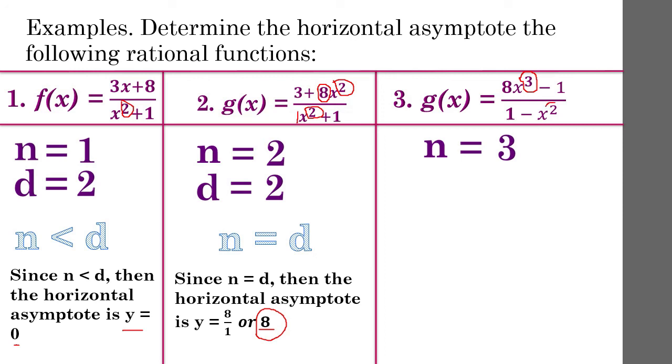The highest exponent is 2, and therefore the degree of the denominator is equal to 2. So let us find the relationship between the degree of the numerator and the degree of the denominator. The degree of the numerator is greater than the degree of the denominator.